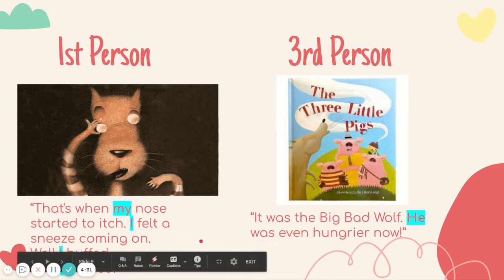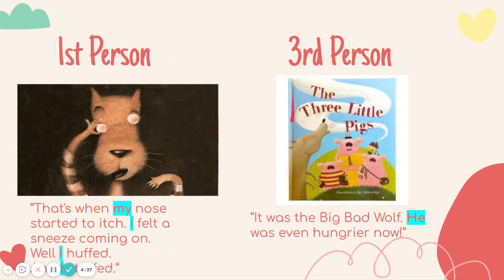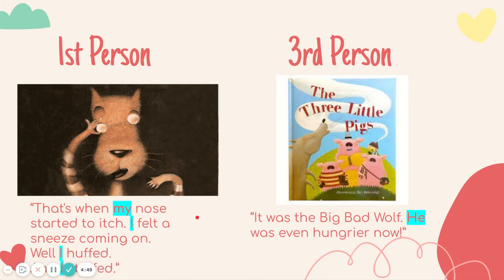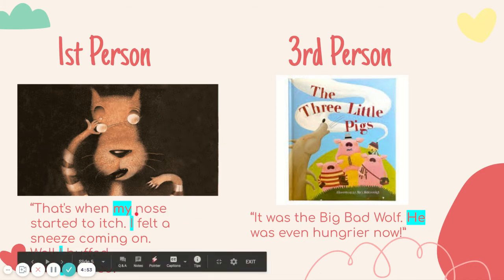And so I just put first person and third person and told you which story is which. When we read The True Story of the Three Little Pigs, let's read a quote from that book so we can decide if it is in first person or third person. And I highlighted some clue words to help you.